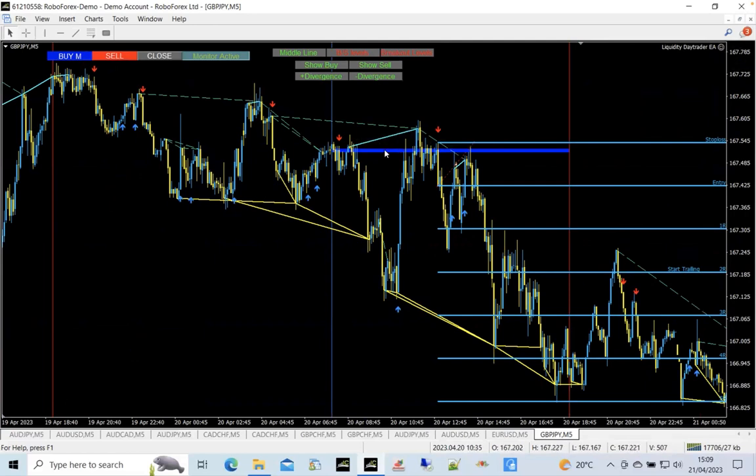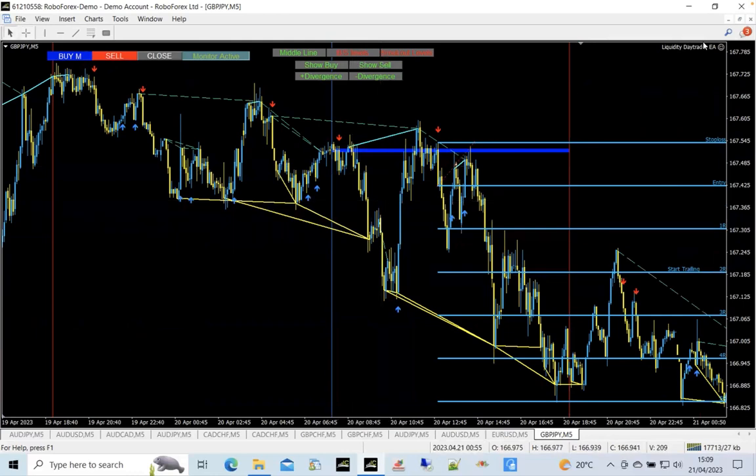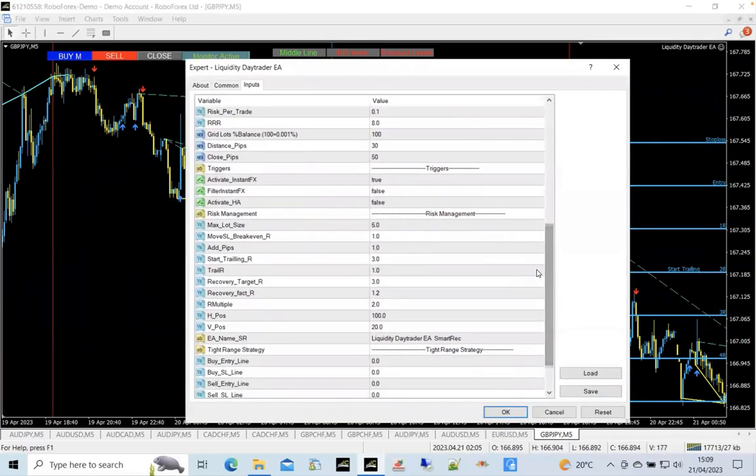So, for example, what happened here, it hit the stop loss the first time, but then it went down and it went to some target. Now, how you do the smart recovery, it's all about the inputs. Let's do a small example just to explain how it works.